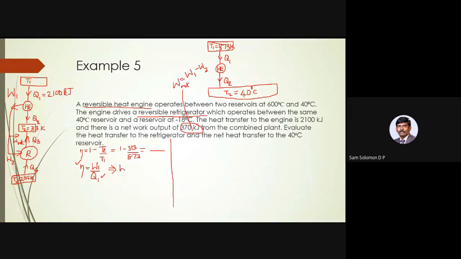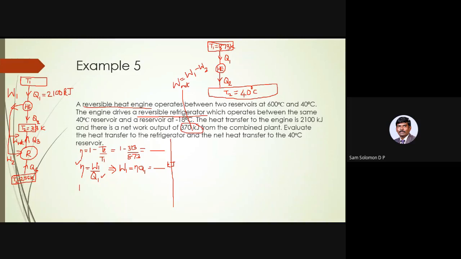So W1 is simply efficiency multiplied by Q1. This will give you some answer in kilojoule. This is very simple. We have already done it like this before.